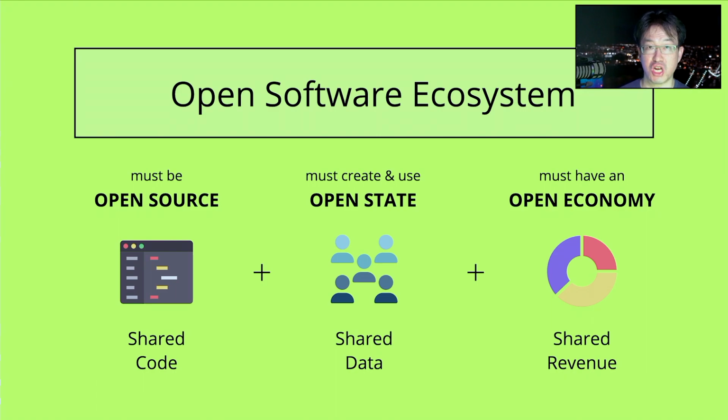They should get a share of the value that this new software ecosystem, enabled and enhanced by AI, is going to create. But open source, open state, open economy is roughly JavaScript, data on your files, like Boxels on your file system, and data on the blockchain that is shared, and the ability to use cryptocurrency and other types of decentralized finance, or DeFi, capability to share that revenue.